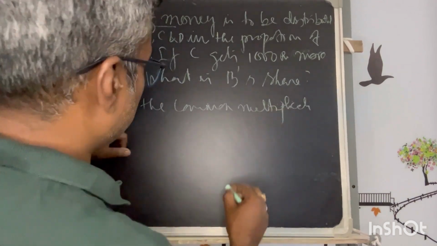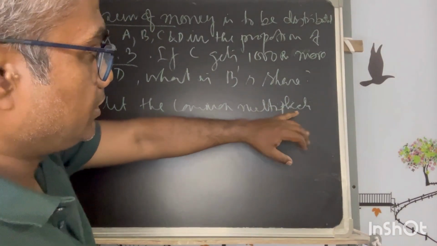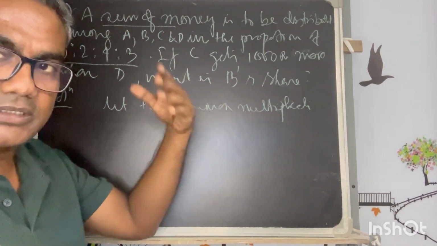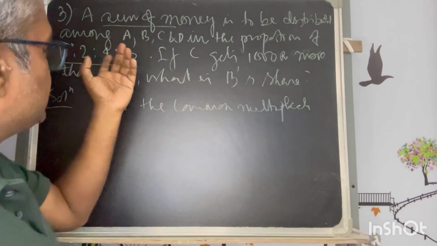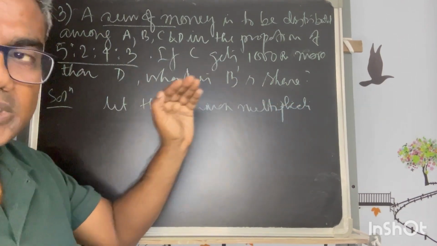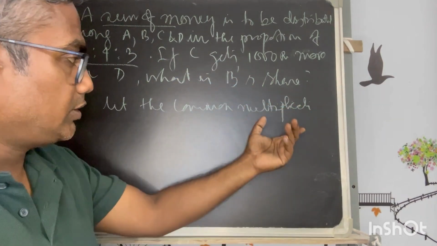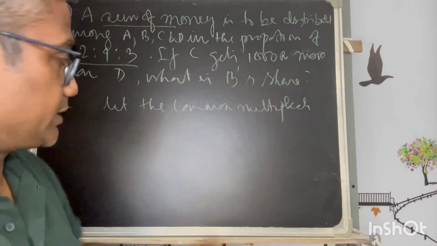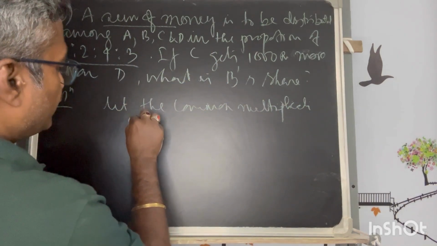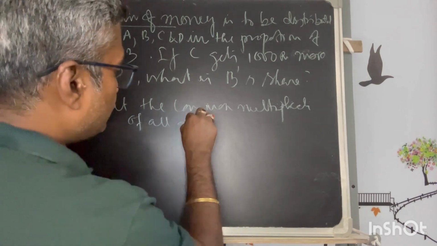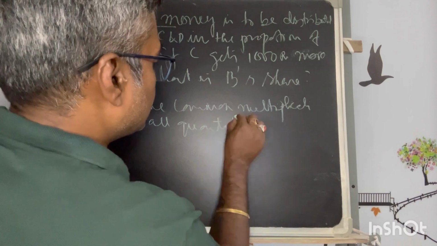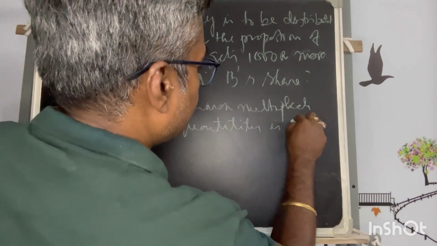I am going a bit basic way here. This may not be the way of teaching in the later sums. Because this is the first one, I am just describing it like that. Later on you have to understand automatically what I am doing. So let the common multiplier of all quantities be x.